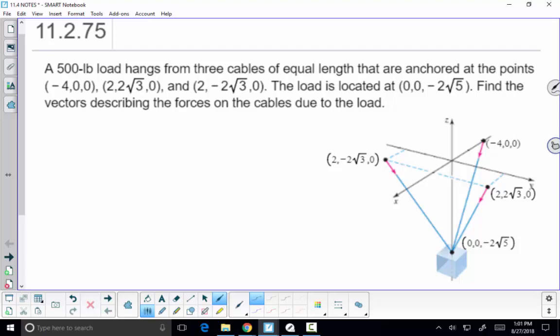And all the problems that we have with hanging with triple cables will be that way. If the pattern with the anchors was not an equilateral triangle, we would have to assume T1, T2, and T3 were different. But because it's an equilateral triangle, we're going to assume the tensions are all the same. So this is the analogy to the cable problem where these angles right here are both the same.